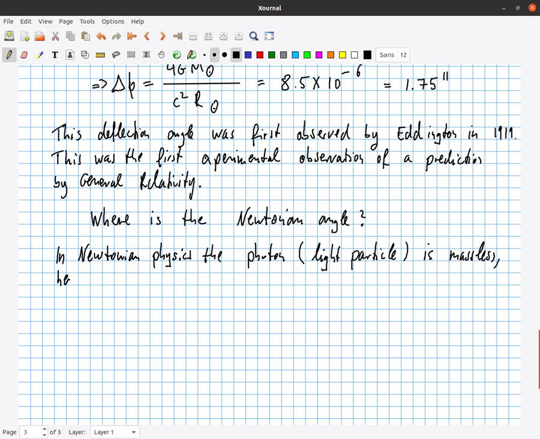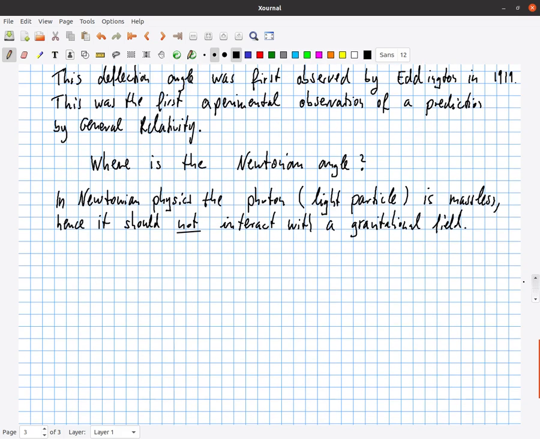Hence, it should not interact, let's say, with a gravitational field. However, there is a Newtonian prediction. So how can one do this?